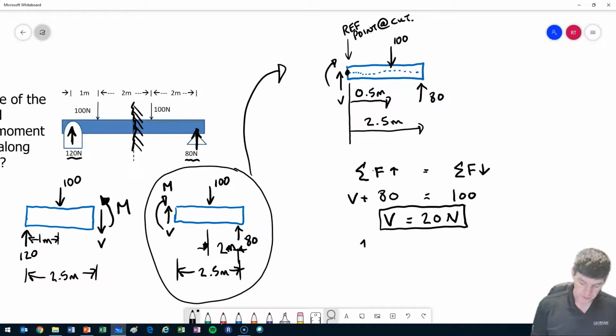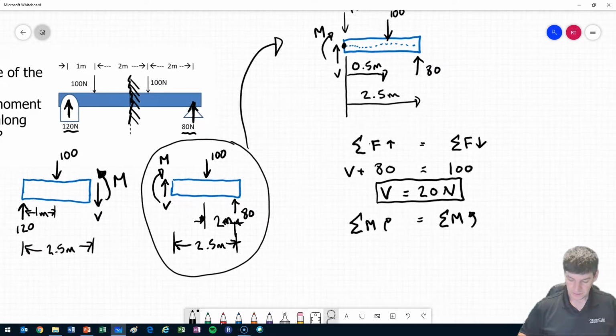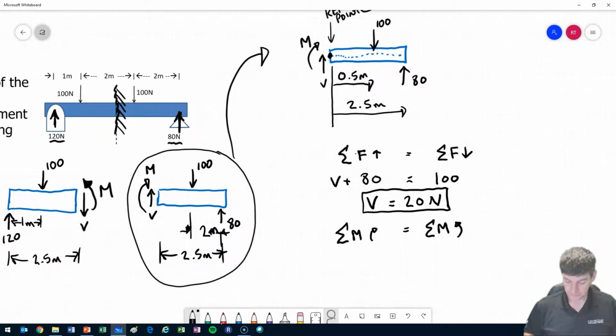Okay. Sum of moments in one direction has to equal my sum of moments in the opposite direction. And I just noticed I didn't label this guy as M, but that's going to be an important one to know. So as I go across, I'm going to start at my point and work my way across. So my reference point, I have an M, and it is in the clockwise direction.